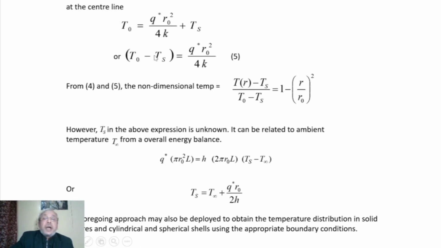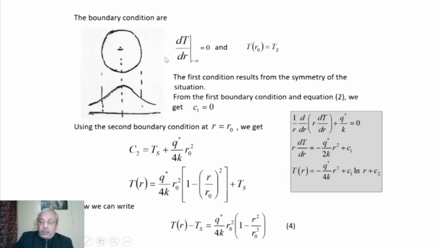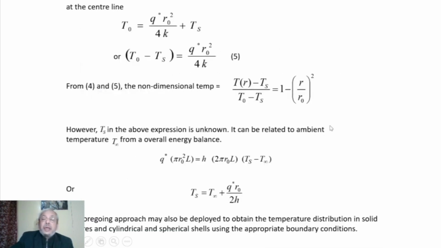So T0 minus Ts equal to Q star R0 square by 4K. So T0 minus Ts we have found out, and also we know what is T(R). So from here we can find out a compact expression for non-dimensional temperature: T(R) minus Ts divided by T0 minus Ts is 1 minus R by R naught square.